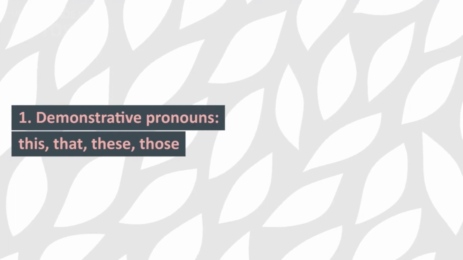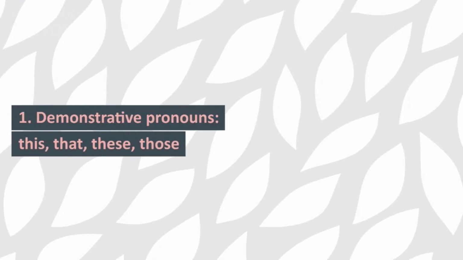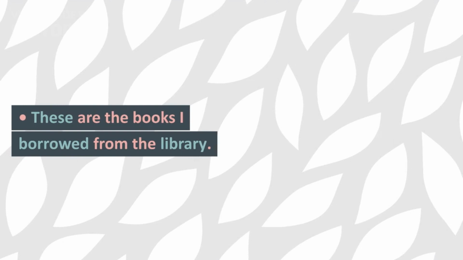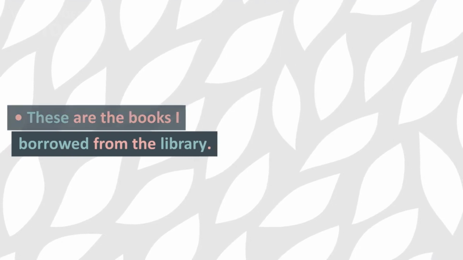For example, 1. Demonstrative pronouns: this, that, these, those. This is my friend John. Do you like that? These are the books I borrowed from the library. Those were the days.